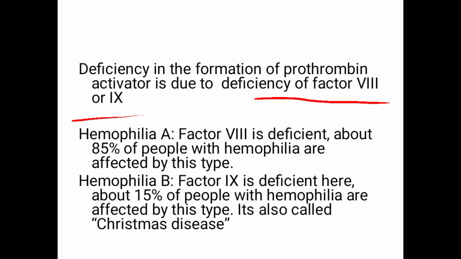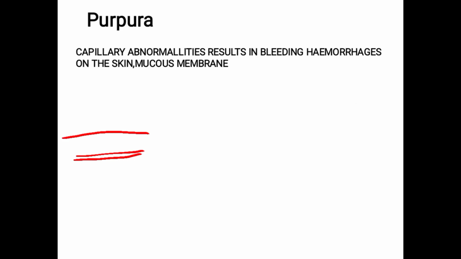Okay, so based on this, hemophilia A, where clotting factor 8 is deficient, 85% of the people are affected by hemophilia A. Then hemophilia B type, here the clotting factor 9th is absent. So due to deficiency of this, only 15% are affected persons, also called Christmas disease.